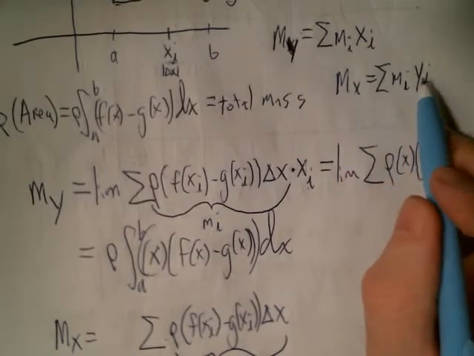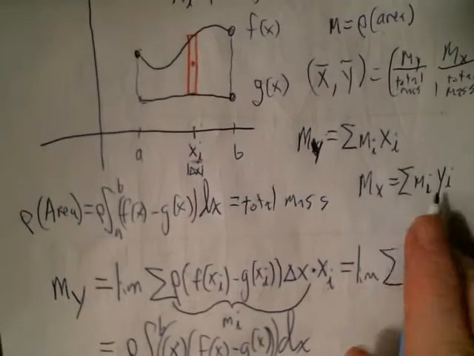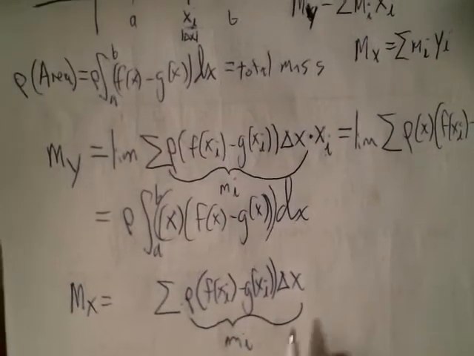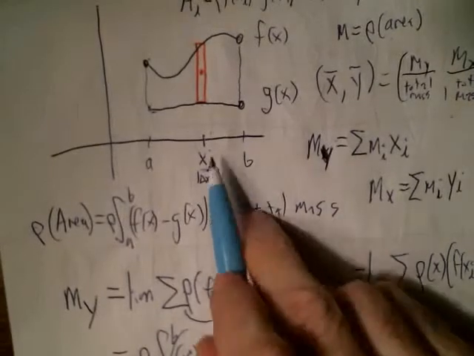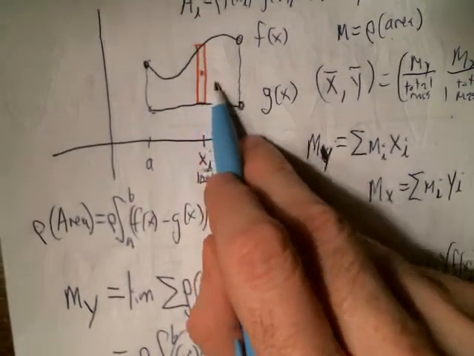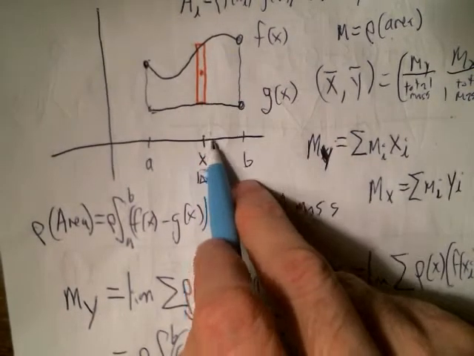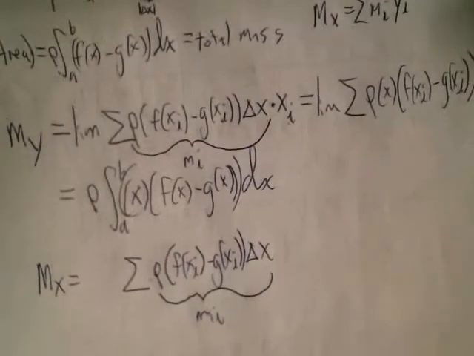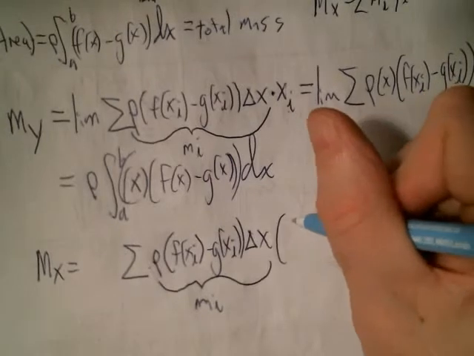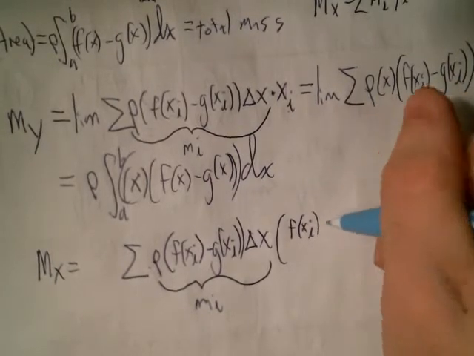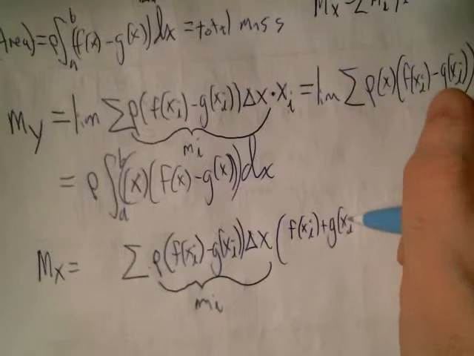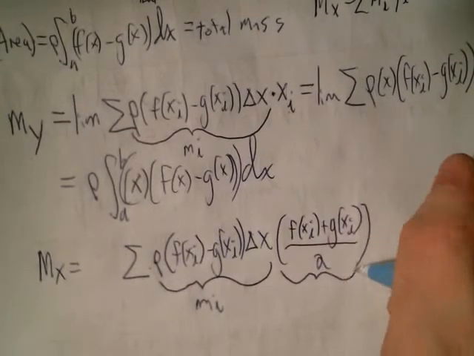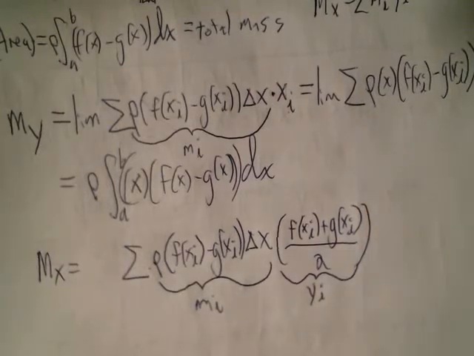Up here, it was x sub i. Now I need the y sub i. And what I'm saying is, instead of using some y, because then we wouldn't know how to integrate it, we're going to use the midpoint formula to get this height from here to here. Okay? So the midpoint formula then was f of x sub i plus g of x sub i all over 2. Okay, so this is basically then our y sub i formula.